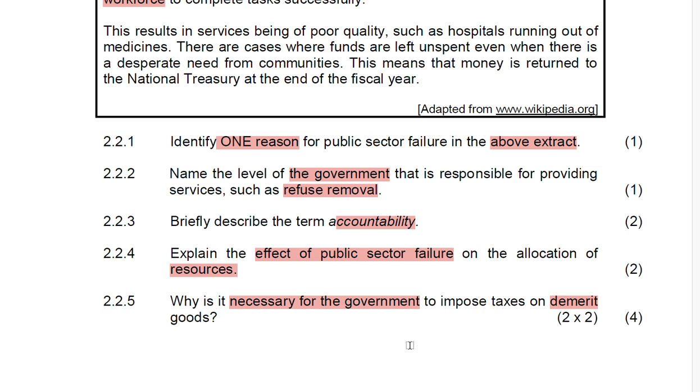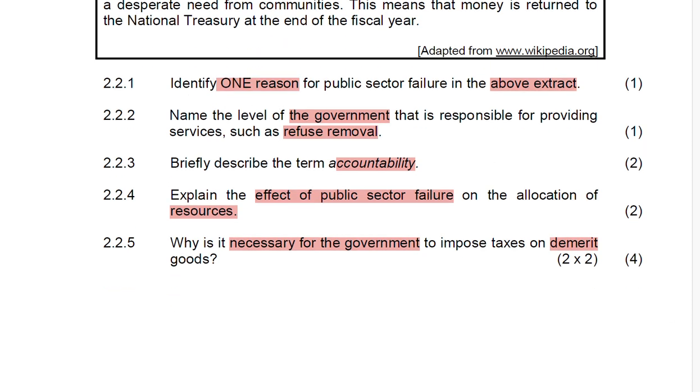Demerit goods are goods that are highly consumed but shouldn't be consumed that much. I'll make an example. It could be things like alcohol consumption. It could be cigarette consumption. Those goods are highly consumed in the public space, but they shouldn't be consumed that much.